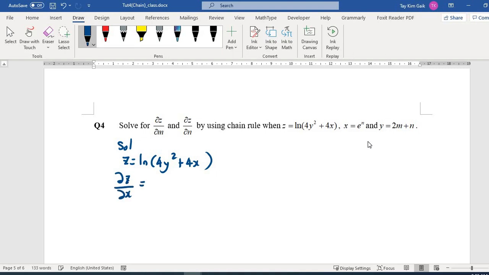Okay. Remember, to differentiate ln, if this is u, you have 1 over u. So 1 over 4y squared plus 4x. Okay, you want to find del z del x, so you del x your u.